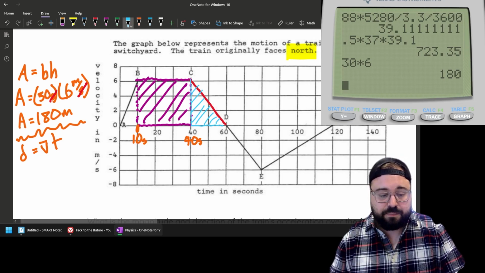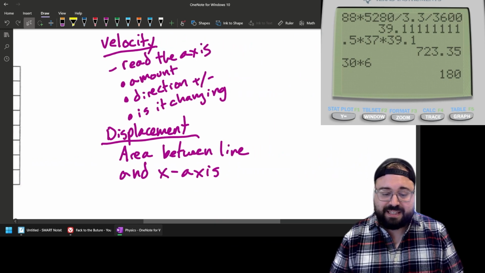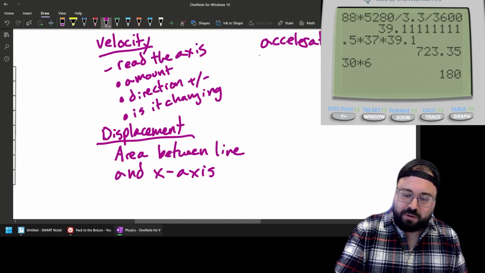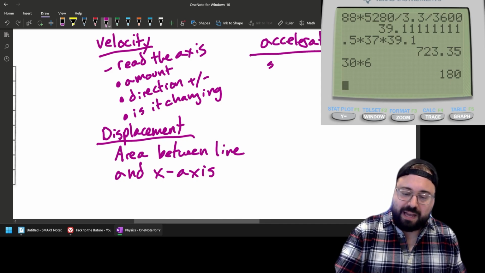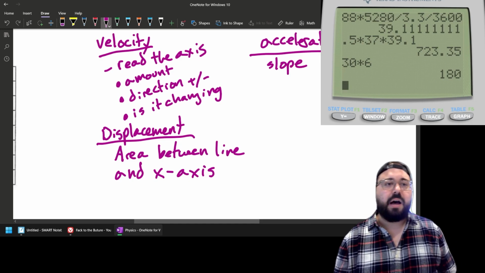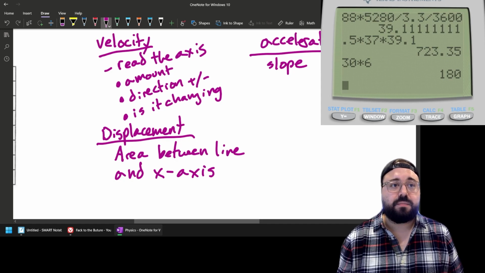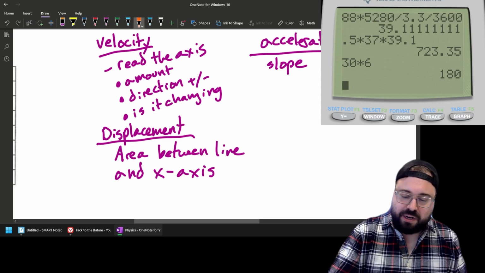And then lastly, if we want to know the acceleration of an object, we look at the slope of a velocity time graph, right? And I just want to put a note in here.